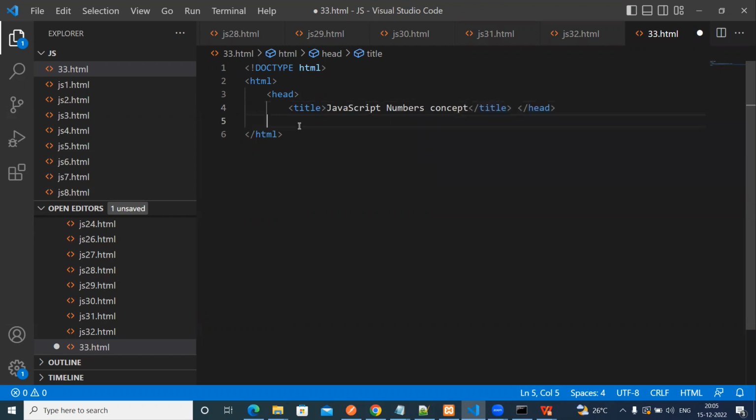Then close the head, then the body, and here the script.